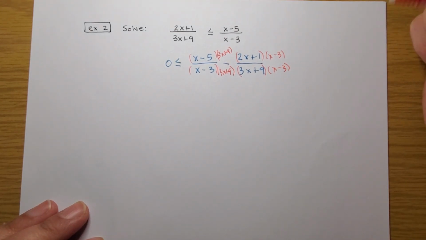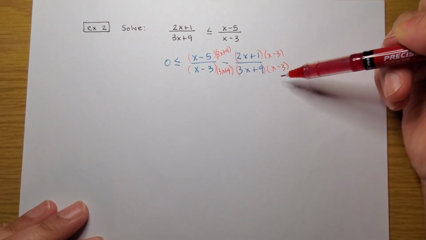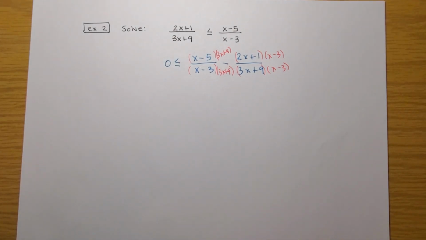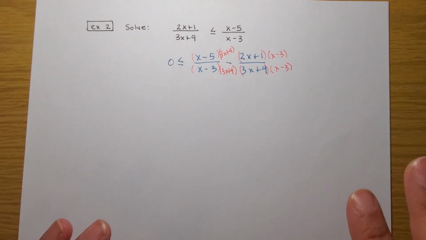When you do this, you want the top to become a mess, but the bottom to remain factored. That's because when you add or subtract fractions, the bottom stays the same. It won't change once it's common, but the top, you have to combine things together. That's where it changes. Ultimately, we want everything in factored form if we can.